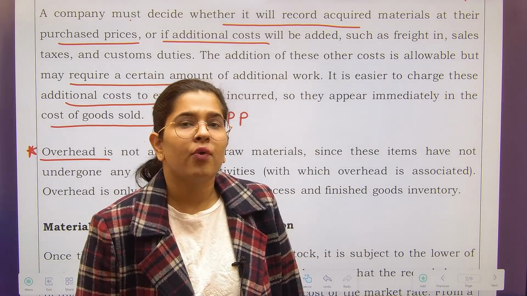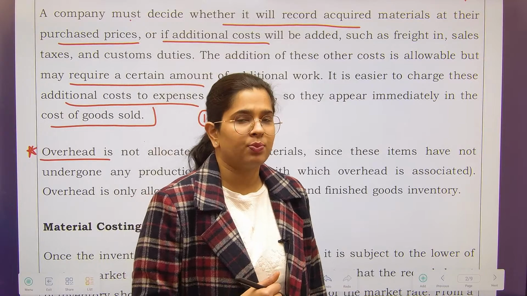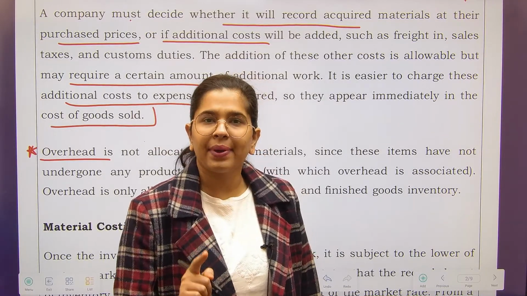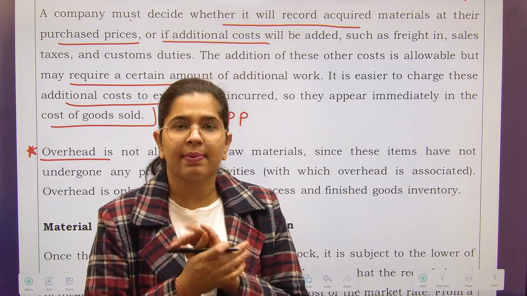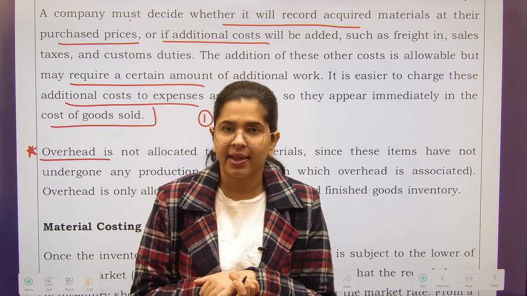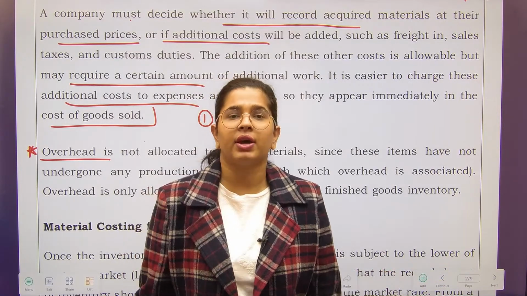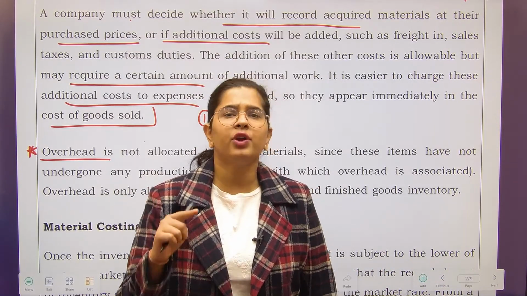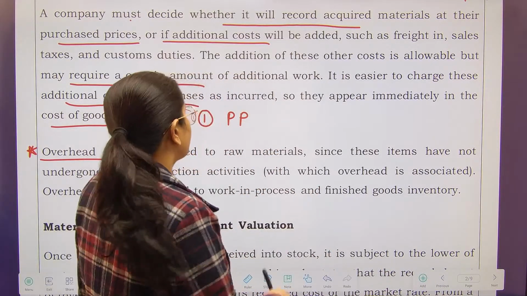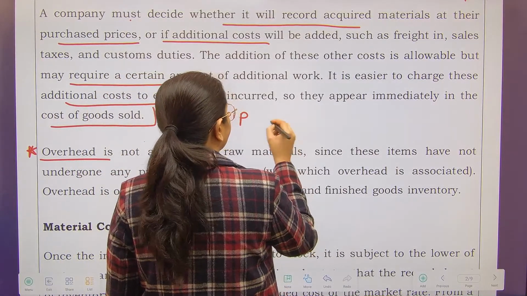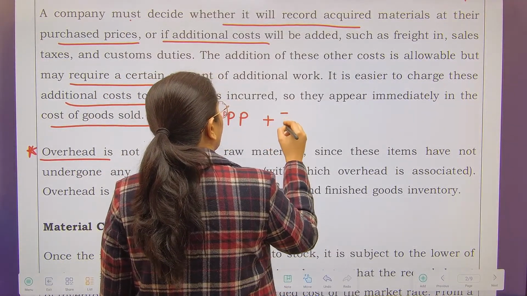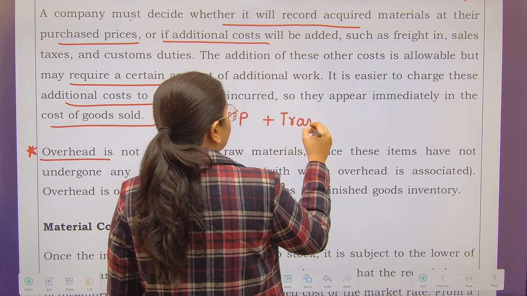Now the next thing which comes to my mind is transport. It may so happen that transport was arranged by the supplier, it can happen that way as well, and it may also happen that he did not have any transport facility. I had to arrange transport. So I will add transportation.